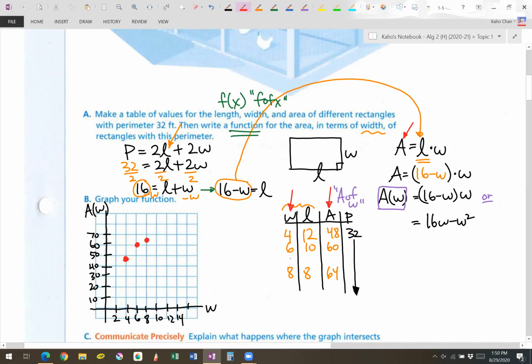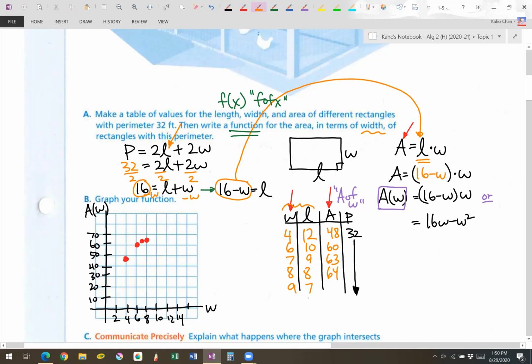Maybe 7 as a possible width, which means 9 has to be the length. 9 times 7 is 63. Oh, okay. So that's kind of interesting there. What happens if I switch it to 9 and 7?